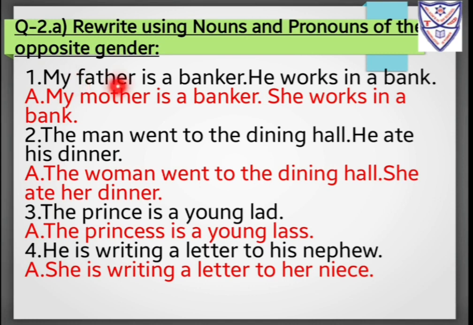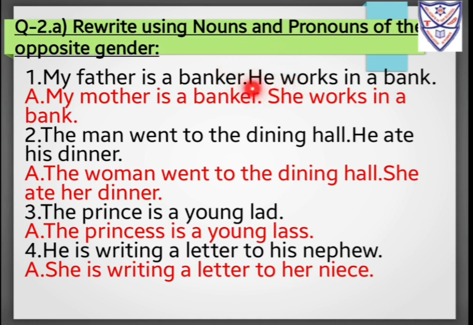So over here, father is a gender, and which kind of gender is it? It is masculine gender. So what will be the opposite of father? It will be mother. It is in feminine gender, right? So father will become mother. It is a noun. Then over here, he again is there. It is in masculine form, and it is a pronoun.